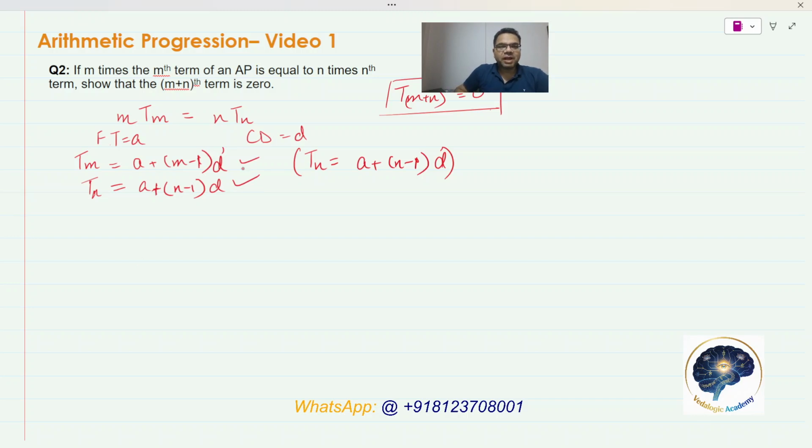Now what I'm going to do is use these two values in equation number 1. So m times (a plus (m minus 1) into d) equals, so this is also in bracket, n into (a plus (n minus 1) into d). So this is what we have now.